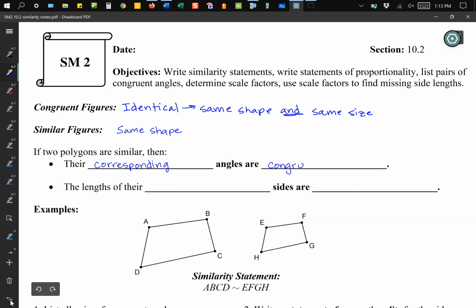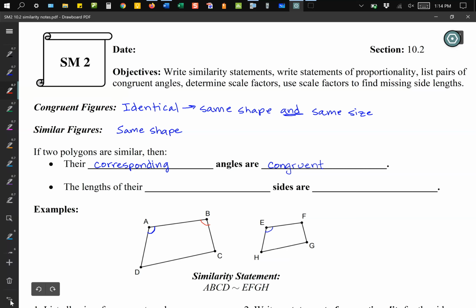If you look down at these two quadrilaterals, if you measured how wide angle A is and how wide angle E is, they would be the same size, exactly the same size. The measure of the angle is identical. I could superimpose the corners on each other and the corners would be the same.